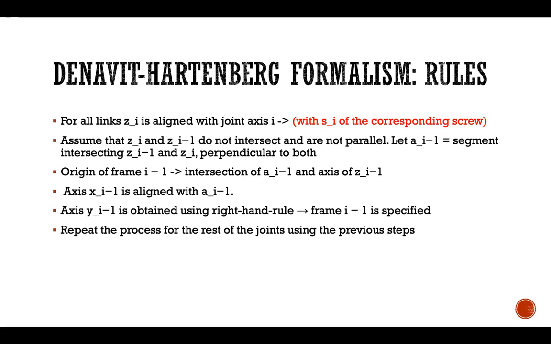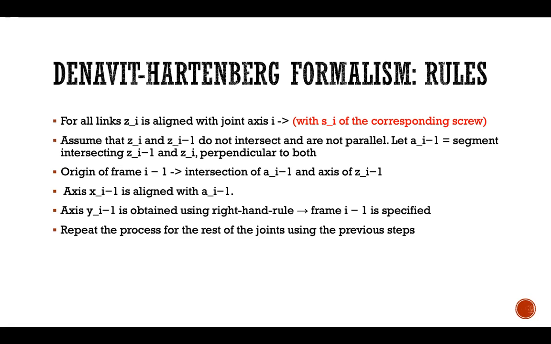Assuming that Z_i and Z_{i-1} do not intersect and are not parallel, we can define a_{i-1} to be the segment intersecting Z_{i-1} and Z_i, and this segment needs to be perpendicular to both these axes.